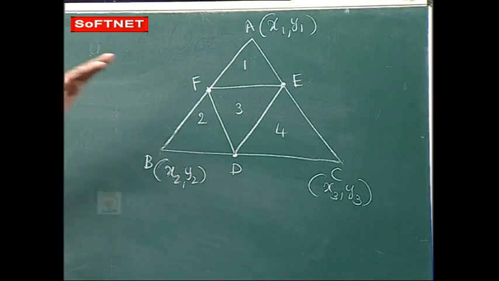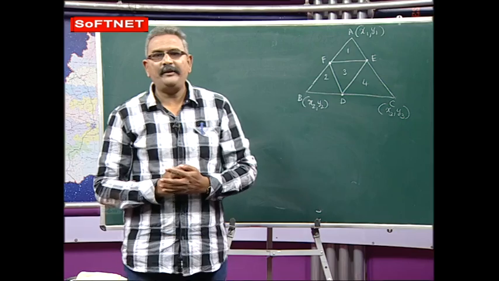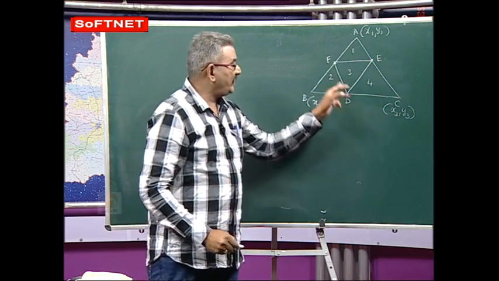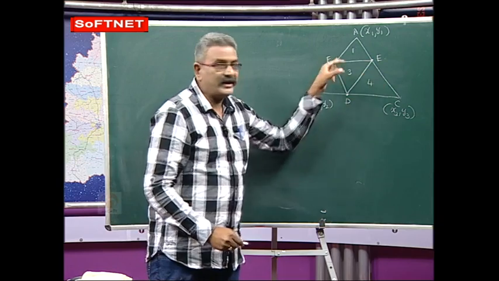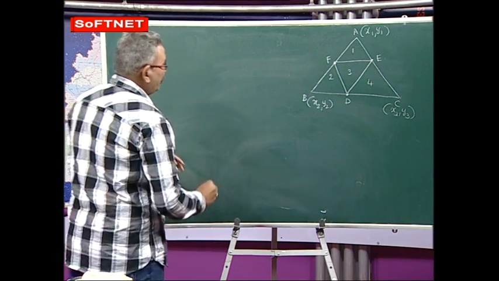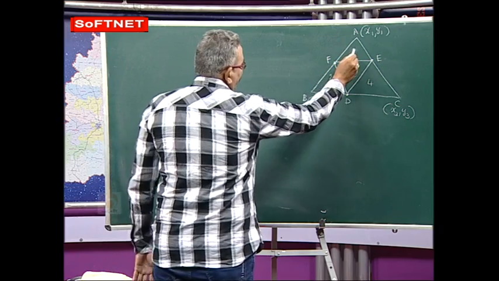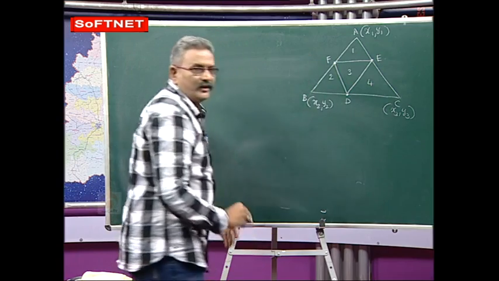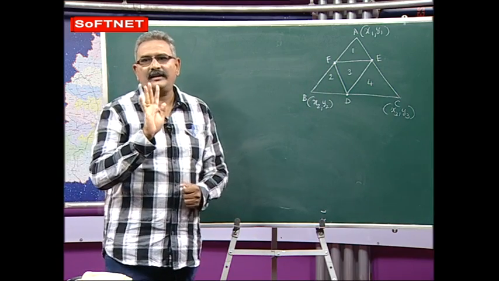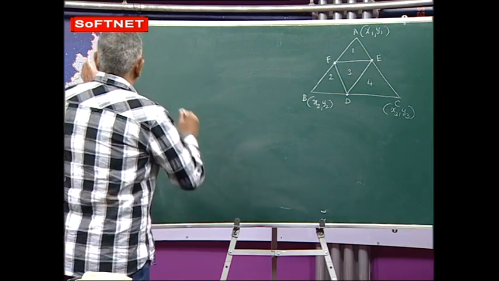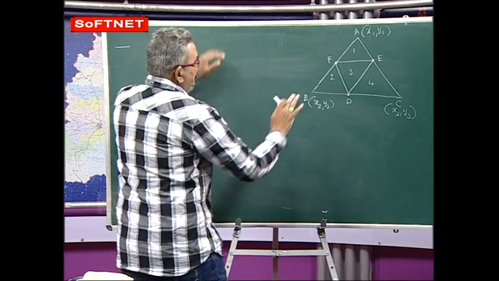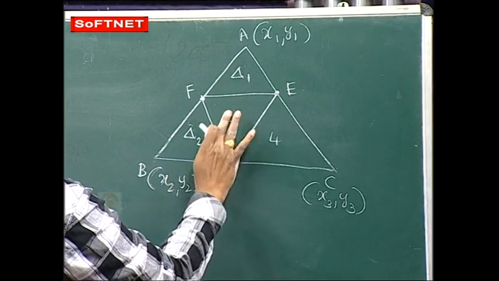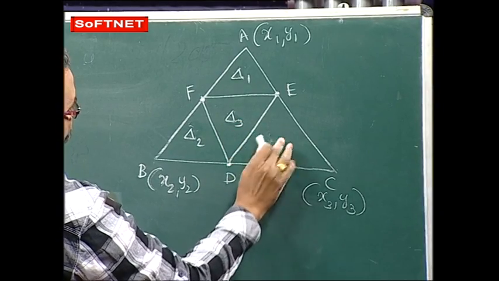If D, E, F are the midpoints of the sides of triangle ABC respectively, then what is the area formed by the triangle DEF? So here you remember this DEF, area of part 1 equal to part 2 equal to part 3 equal to part 4. So they divide into 4 equal areas. Suppose you say this is delta 1, delta 2, delta 3, delta 4.